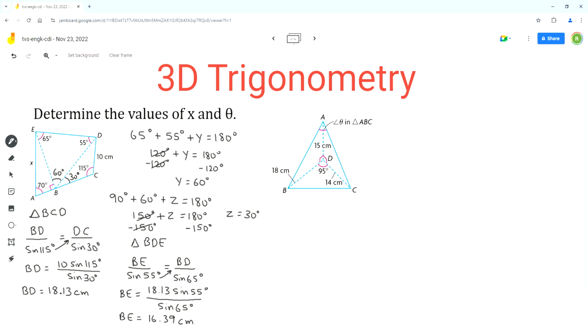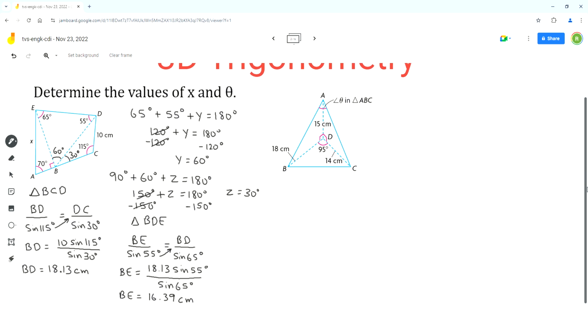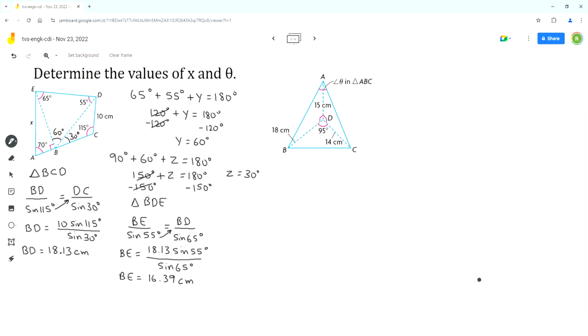Now we can use this length of side BE to find x. We should analyze triangle ABE. Triangle ABE is a right angle triangle, so we can use SOHCAHTOA.